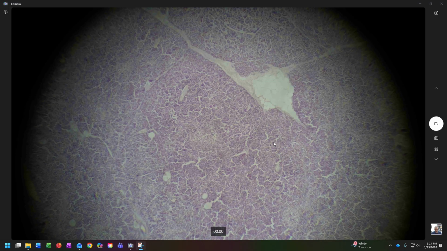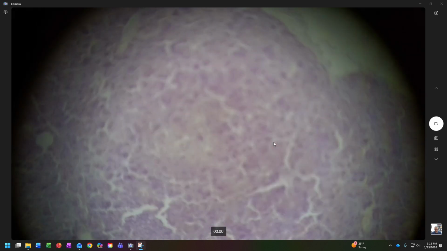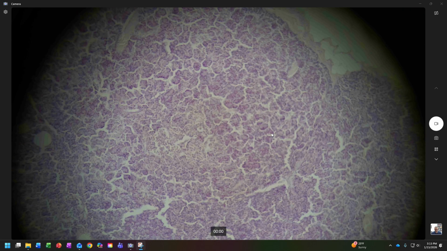The best slide that I've ever seen for pancreas. So we'll take a look at it and see what we can find. That was 40x. Let's go to the 100x.